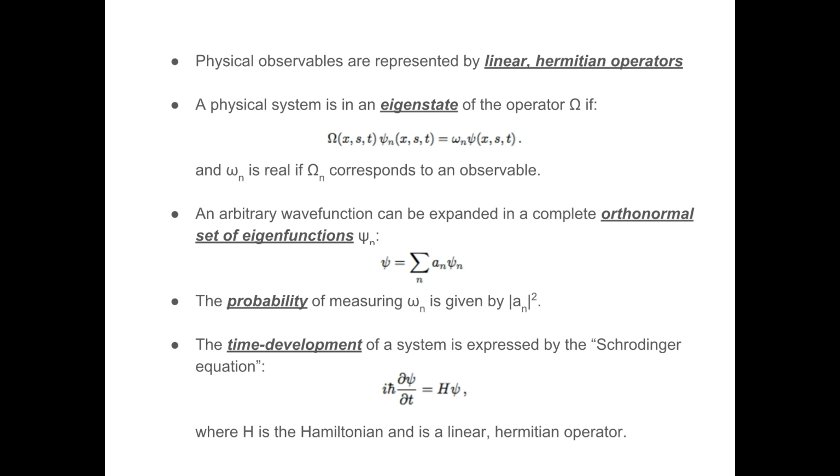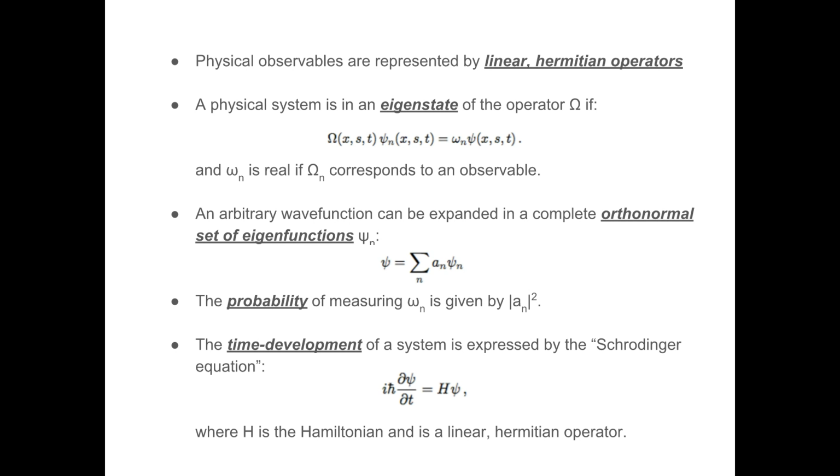Okay, so the other thing we do in quantum mechanics is we can always deconstruct a general wave function in terms of an orthonormal set of eigenfunctions, right? And we're always free to choose what basis we use.